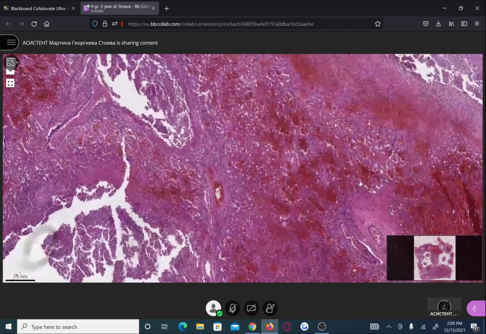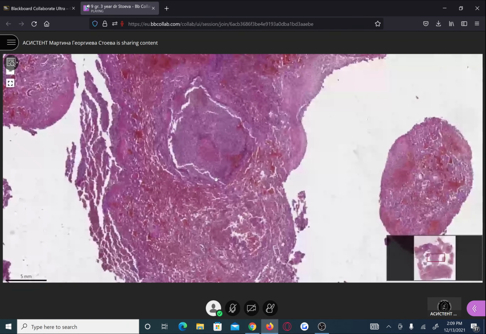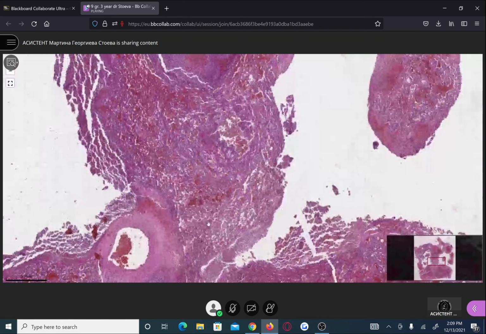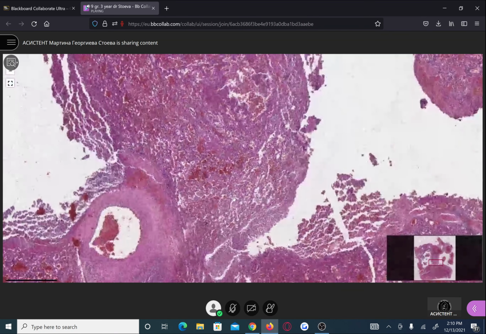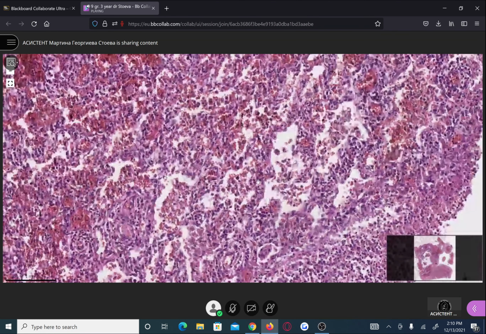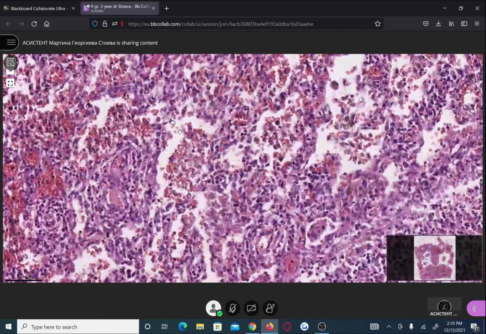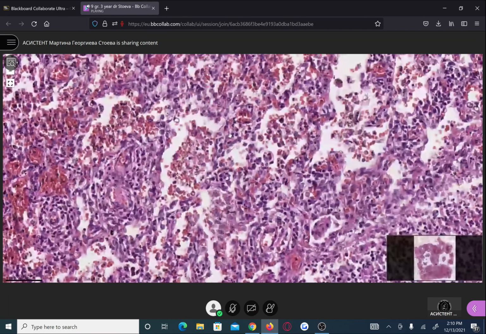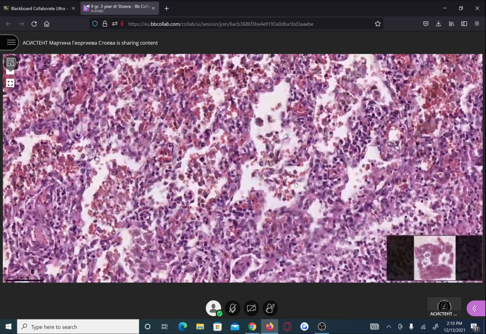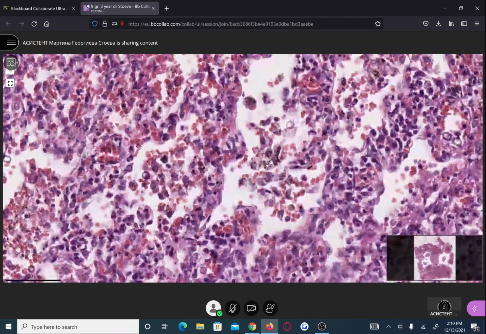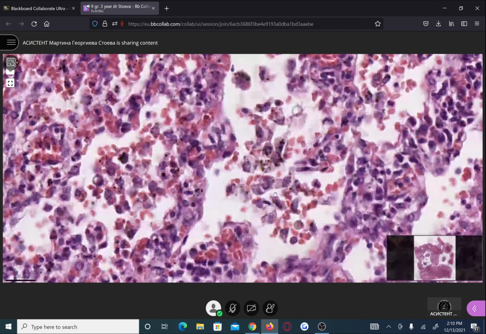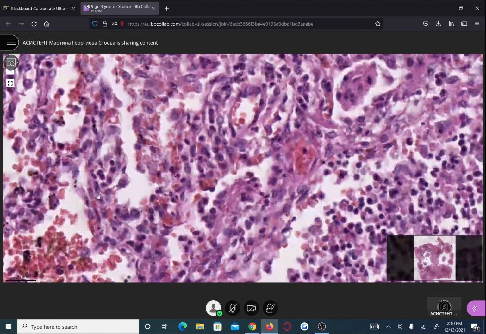Unfortunately, the alveolar spaces, maybe here in the middle portion, we can find a zone with partly empty alveolar spaces, although in all of them we can find some cells, erythrocytes, siderophages, inflammatory cells. So the lung parenchyma is severely inflamed.